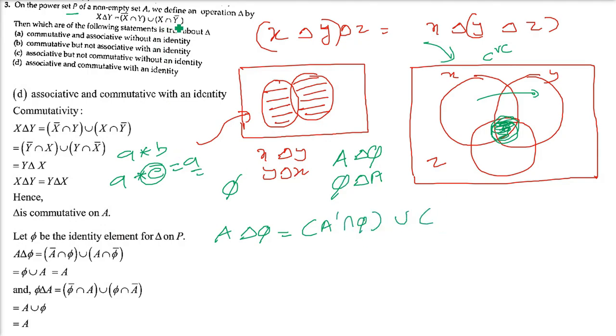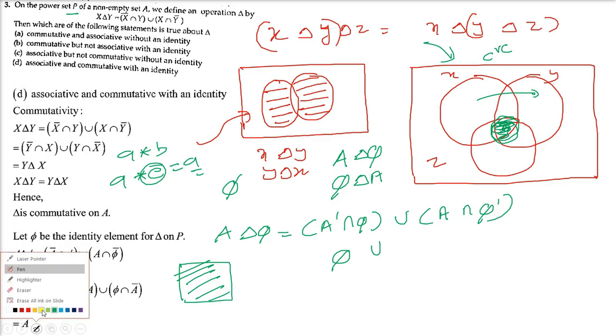If I write A operation Q, I will have to write X bar intersection Y union X intersection Y bar. Then in place of X write A, in place of Y just write phi. So anything intersection with phi will always be phi. And phi is nothing, and if you take the complement, it is nothing but everything.